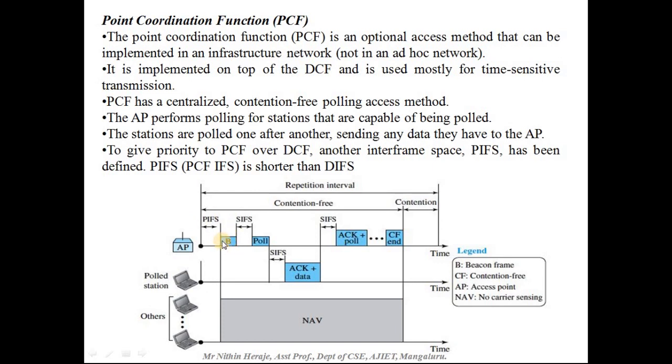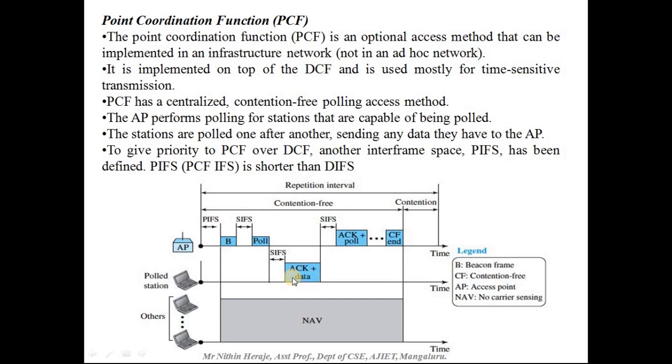At the starting of a beacon frame itself, it starts with the network allocation vector, that is, no carrier sensing should be there after this. Then again there is the SIFS concept. After waiting for a short interframe space, the access point will send the polling, and the polled station will wait for SIFS and acknowledge back to the access point along with the data that it has to send.